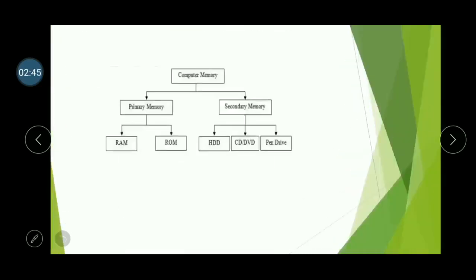Basically, computer memory is of two types, primary memory and secondary memory. In primary memory, we have RAM and ROM. In secondary memory, we have HDD, CD or DVD, and pen drive. These are the types of computer memory, and in them we also have some different types of memories.